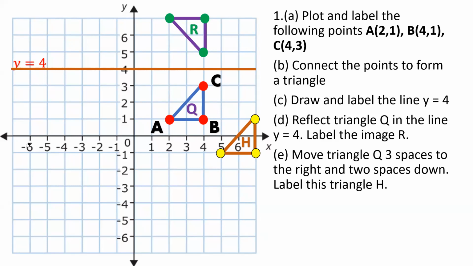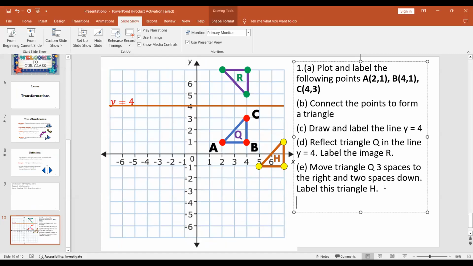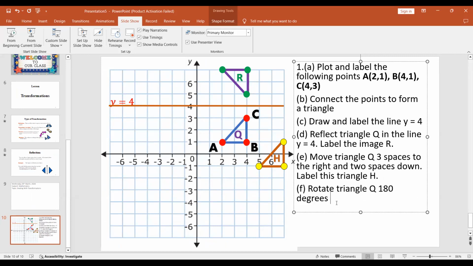The next thing we want to do, let's do A, B, C, D, E, F. What I want us to do is rotate triangle Q. You want to rotate it 180 degrees clockwise about the origin.